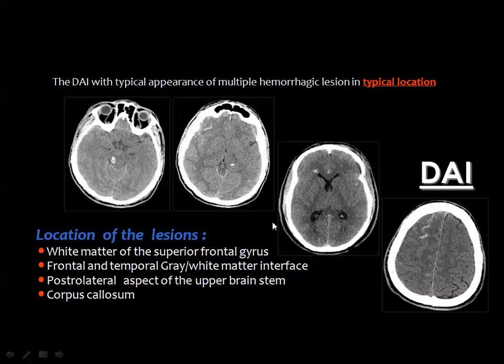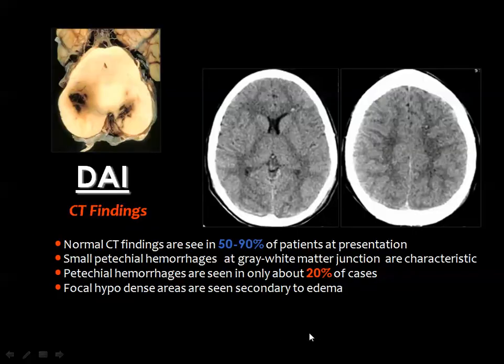The presence of these minute hemorrhagic foci in the brain tissue of a traumatized patient is diagnostic of diffuse axonal injury. And as I have mentioned, in spite of the minor changes appearing in the CT scan or MRI, the clinical picture is usually worse.